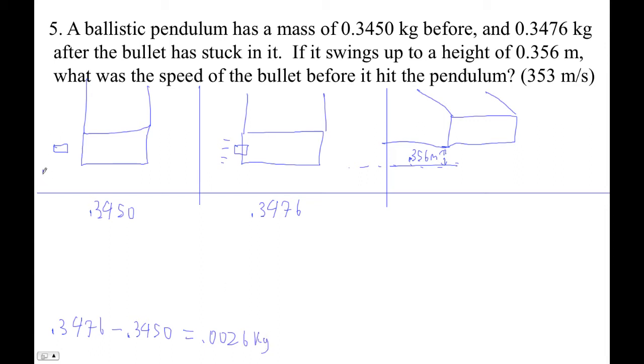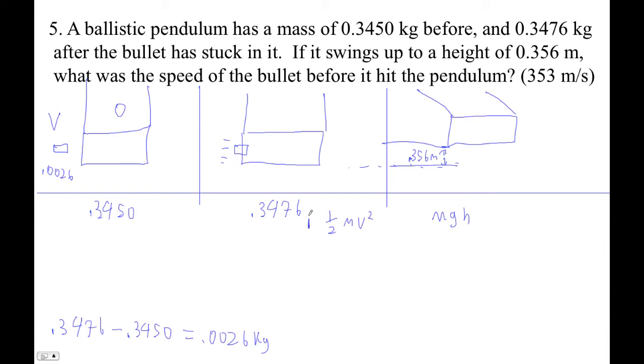You know that this mass is 0.0026, and it's going at some velocity. Afterwards, it's going some speed, and then after it swings up, it stops. So here's what you're going to do. First, you're going to solve this thing backwards. Here it's got mgh, here it's got kinetic energy.